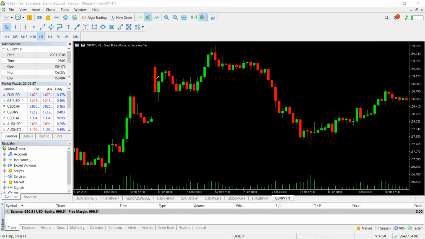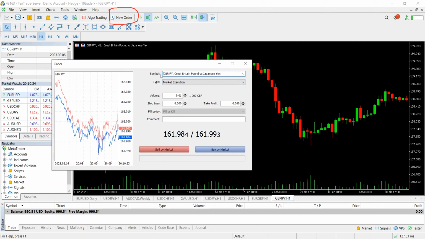Very simple. At the very top here, you see New Order. So click on New Order. When you click on it, you're going to see this pop-up dialog. Ensure that you are trading the symbol you want to trade. This is GBPJPY. The next thing you'll be asked for is the type, which is the type of market order.